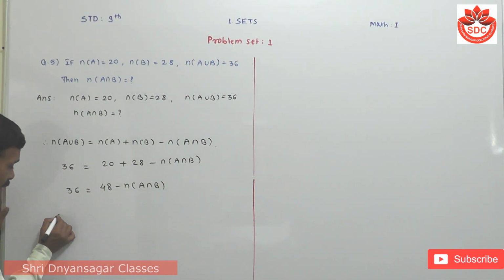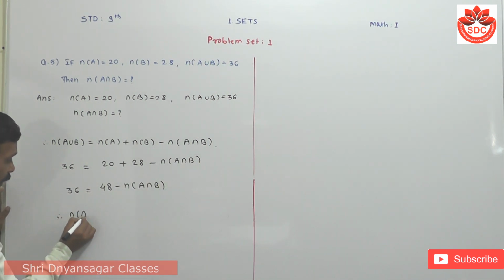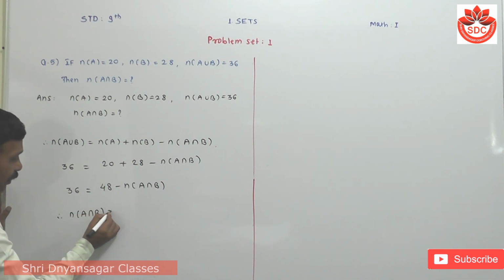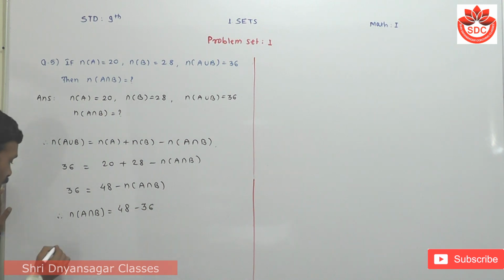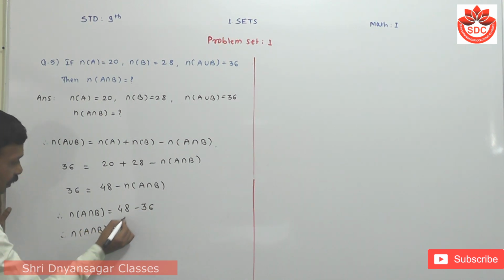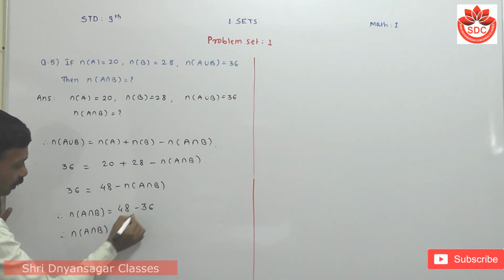So the next step is, therefore n of A intersection B is equal to 48 minus this 36. Then taking the subtraction, n of A intersection B becomes 2, here is 1.